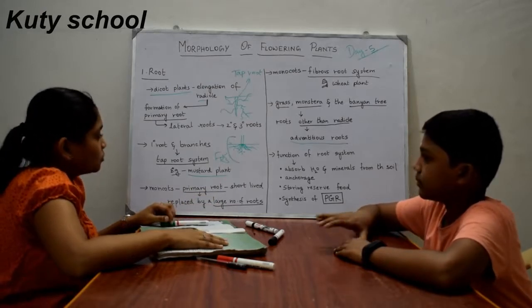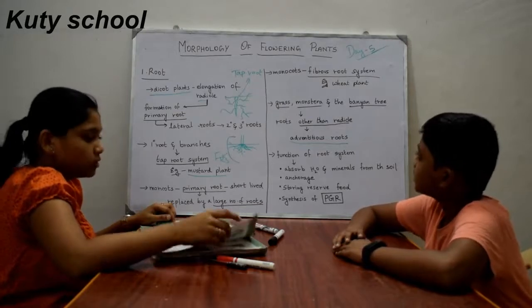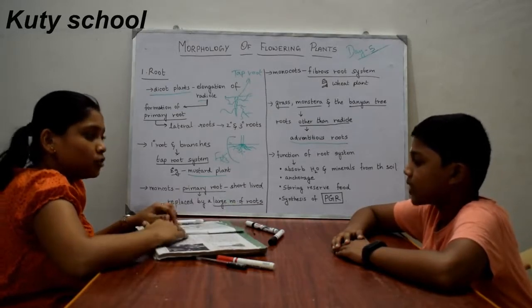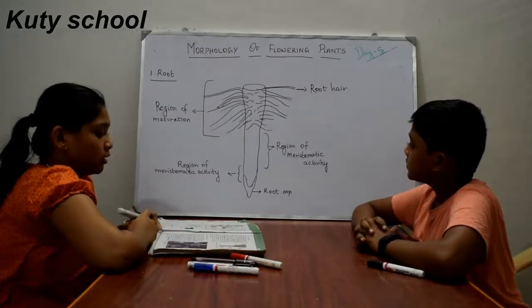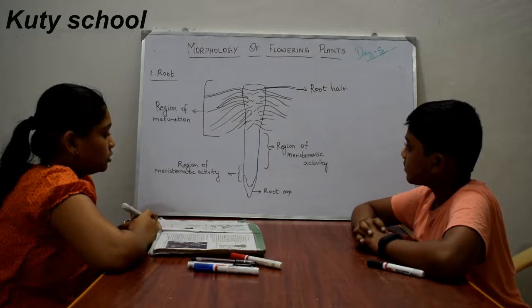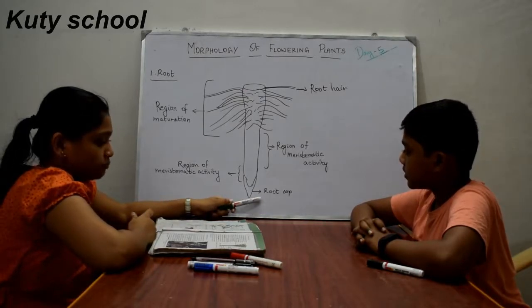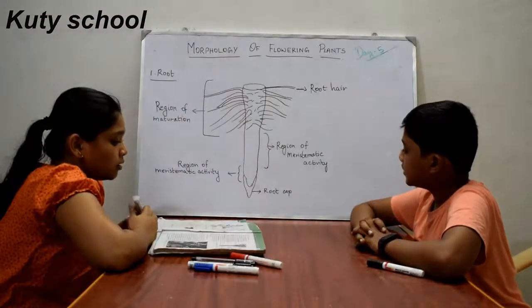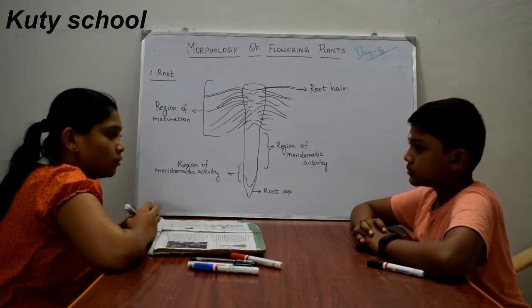So roots are completed as a subtopic. The next subtopic is regions of the root, which we will discuss now. Here the root is covered at the apex by a thimble-like structure called the root cap. It protects the end of the root.